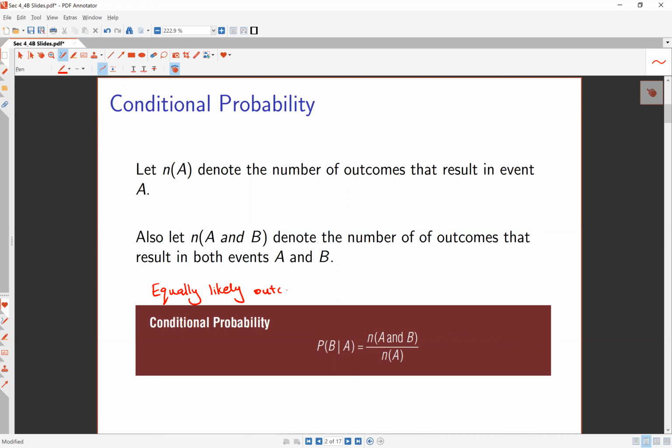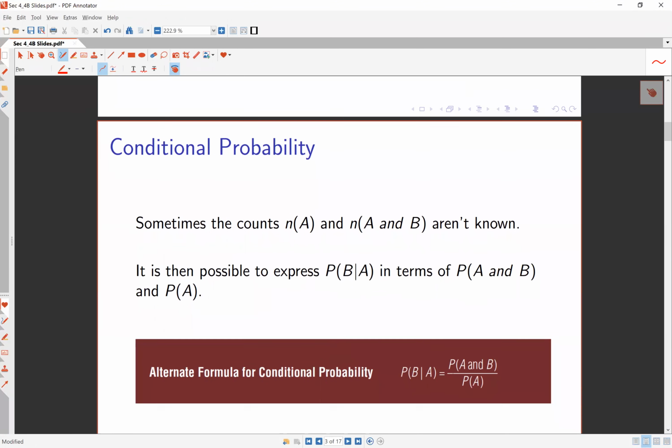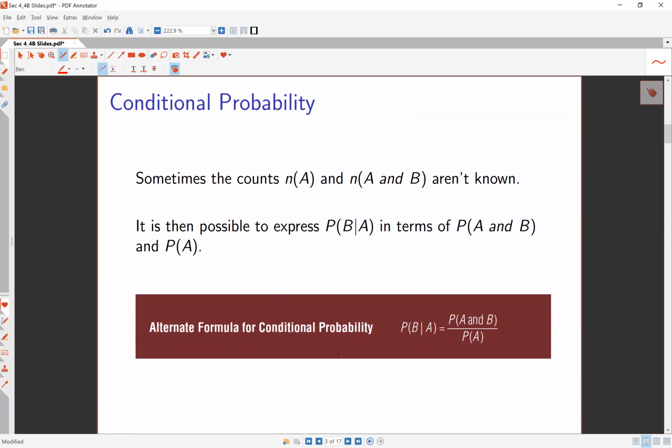So if you can list all the outcomes and they are all equally likely, then the definition of conditional probability, where this horizontal bar reads as given, so here probability of B given A, is given by counting the number of outcomes that fall into both events A and B and dividing by the number of outcomes that only fall in event A.